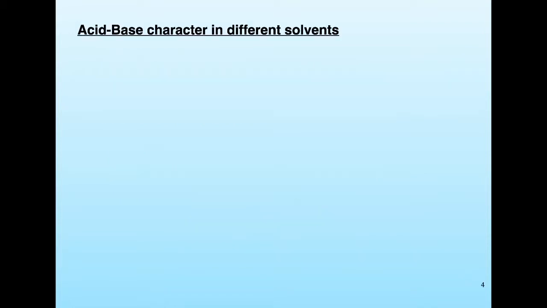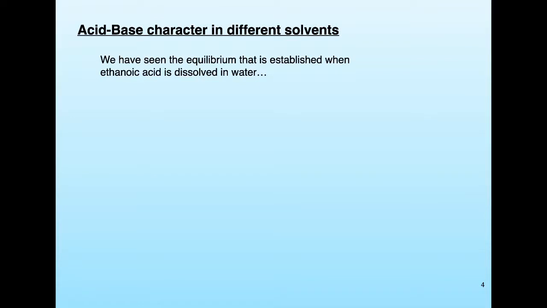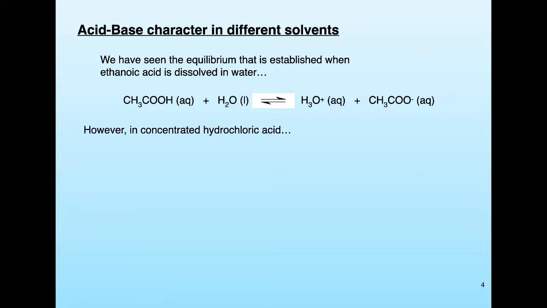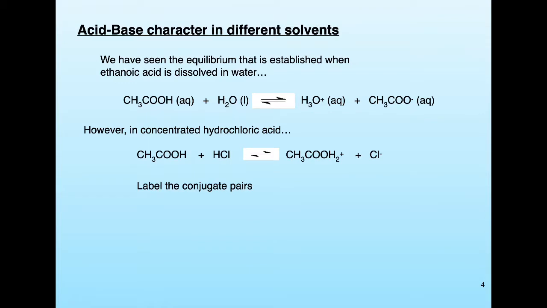Okay, let's have a look at the acid-base character in different solvents. So we've seen this reaction. We're familiar with that now. Okay. If we mix ethanoic acid with concentrated hydrochloric acid, then we can actually get the ethanoic acid, if you look at this, to accept a proton.